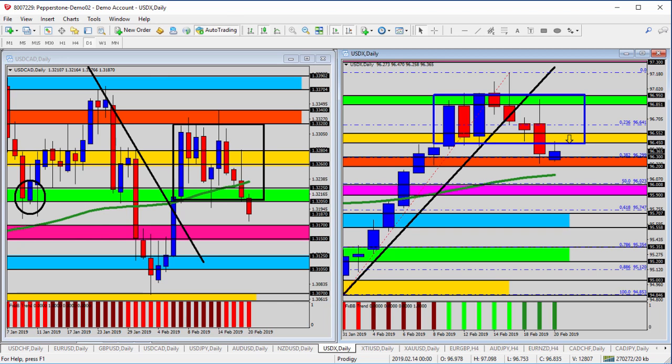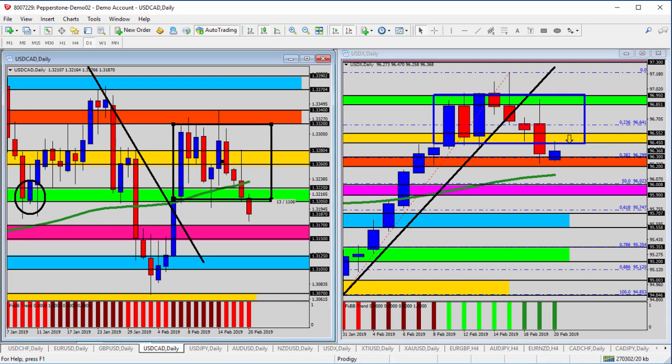Of course, we have FOMC today. That may change the trajectory of the US dollar, or it may see a continuation lower. We'll have to wait and see. But the fact that the US dollar is underneath the resistance, as well as over here on the dollar CAD, we are underneath that 100 period moving average and the green shaded area, gives me more expectation for looking for a short on the dollar CAD than it does a long.